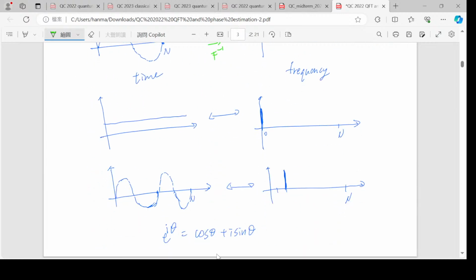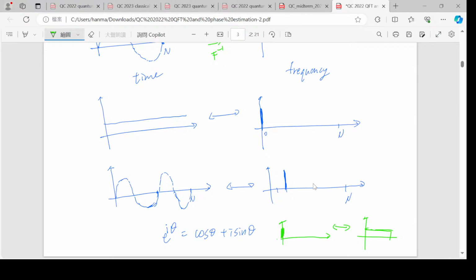We're actually saying that if you have a spike function on your time domain, then because we are discrete, it is equal to a constant function on the frequency domain.